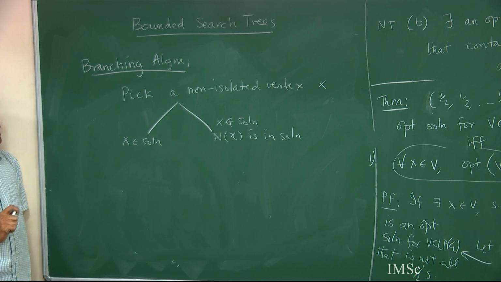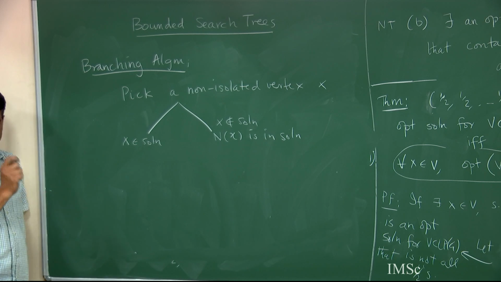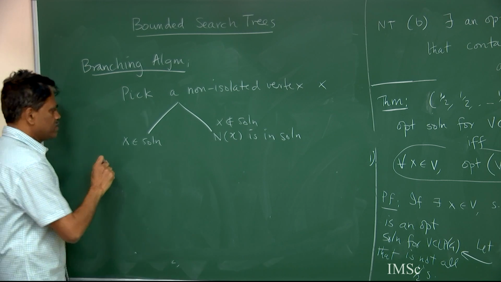Let us now see what happens to the measure. What is my measure now? K minus the LP opt, okay. If it is just K, clearly in both branches it drops, but that is not my measure, right. Okay, so now I get this new graph G prime.